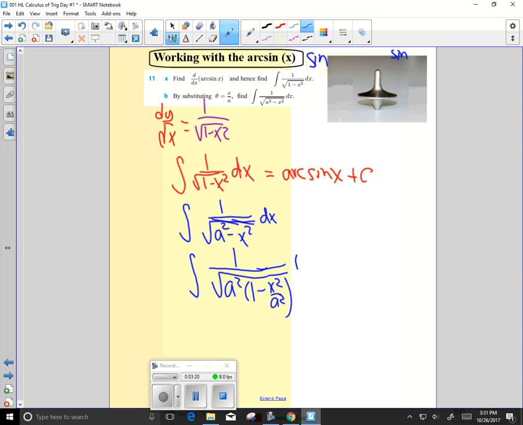Then you go below this and you say this is going to be 1 over the square root of a squared, which is a, times the square root of 1 minus x over a quantity squared, dx.